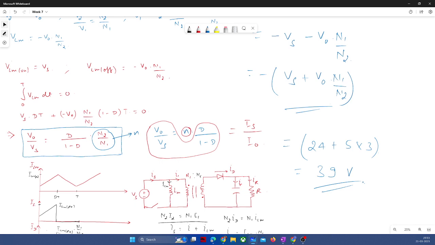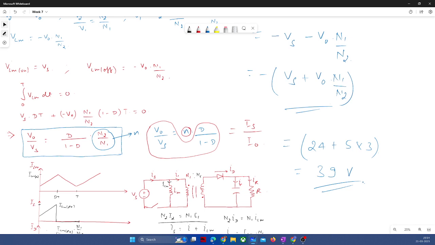The spike occurs, I think, due to the high di by dt. If we have that spike, then we have to select a switch with a voltage rating higher than that spike value.